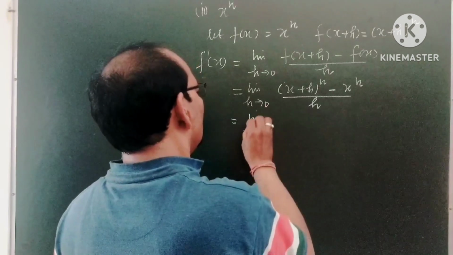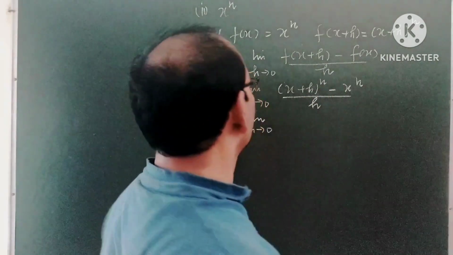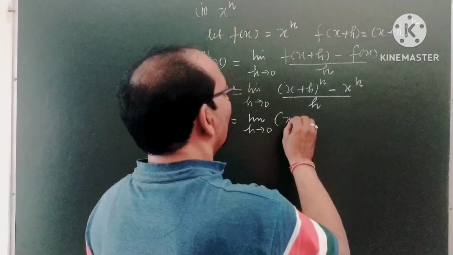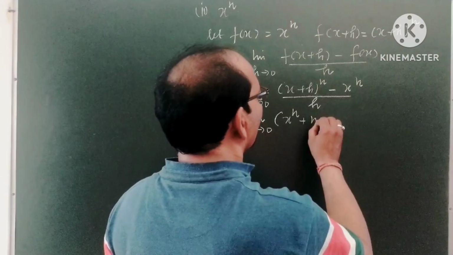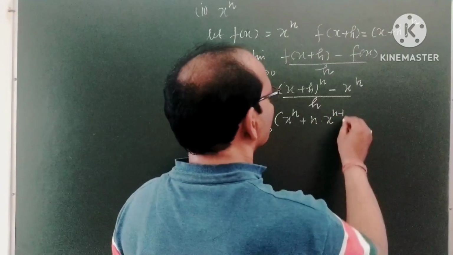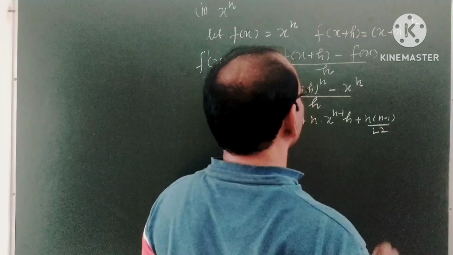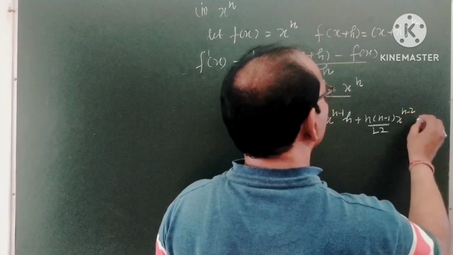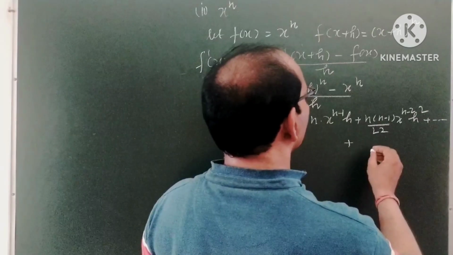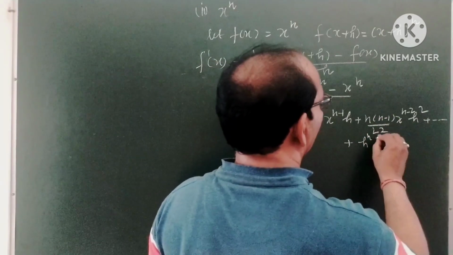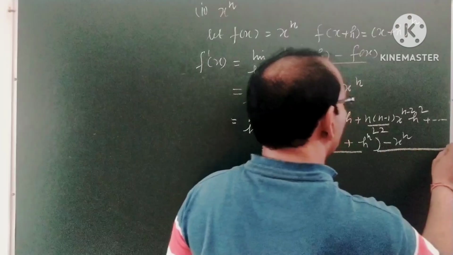Therefore, limit h tends to 0, (x plus h) raised to n expanded by the binomial theorem, there will be x raised to n plus n into x raised to n minus 1 h plus n times n minus 1 by factorial 2 x raised to n minus 2 h square, and so on, up to h raised to n, minus x raised to n, by h.